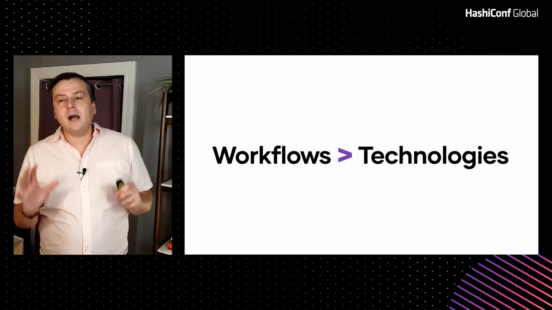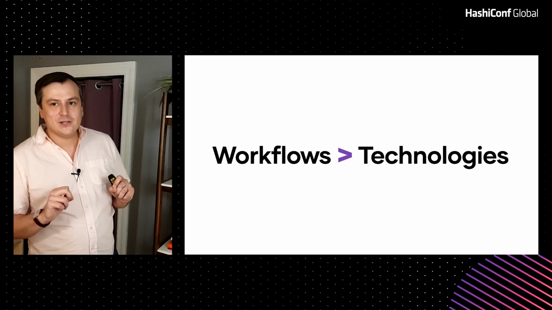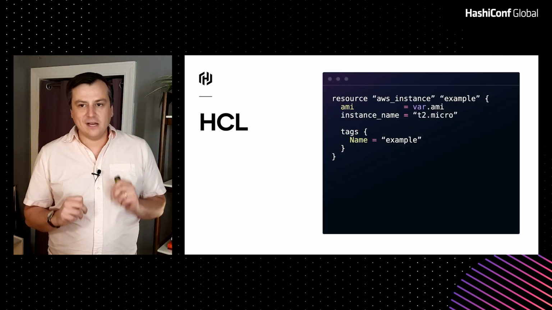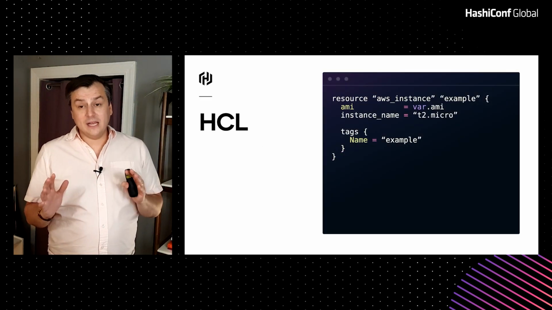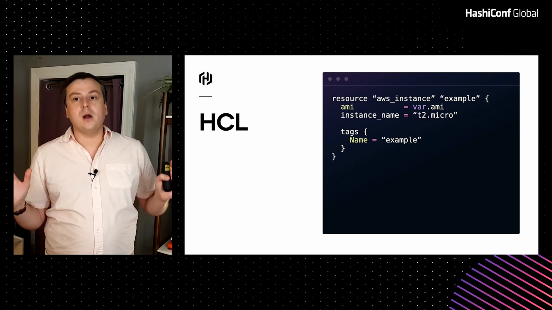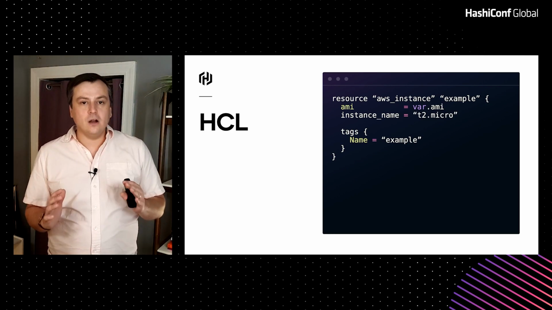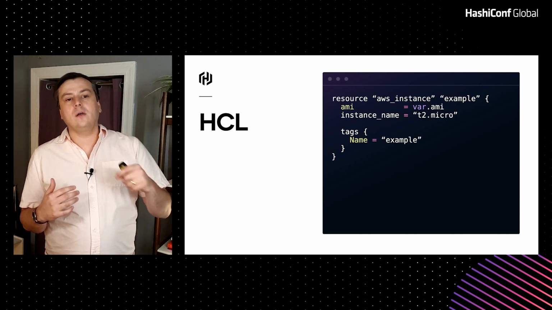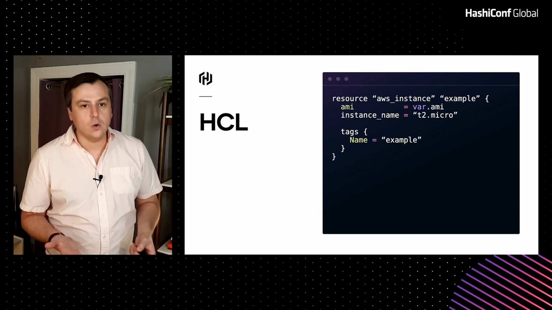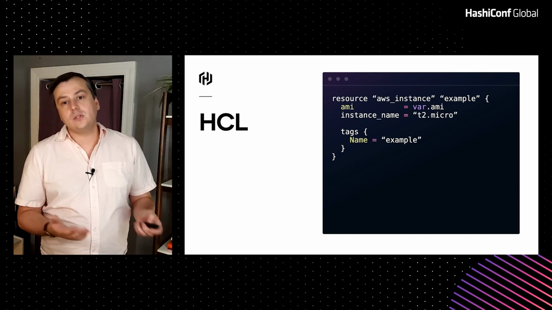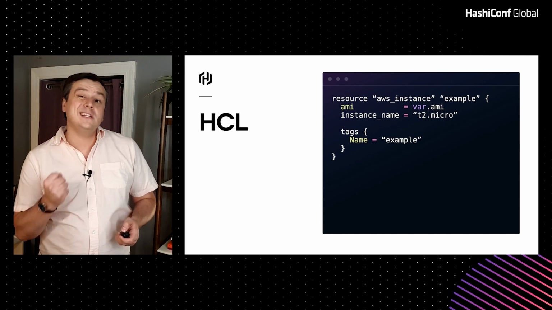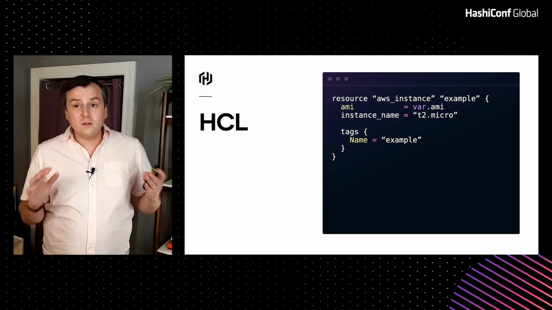And so with that in mind, I want to talk to you about one specific technology, and that's the HashiCorp configuration language. HCL is the language that you use to configure all of our products, but it's really front and center in Terraform because you're using the language to write your infrastructure as code. It was really designed with that in mind. We had a couple of design goals here.